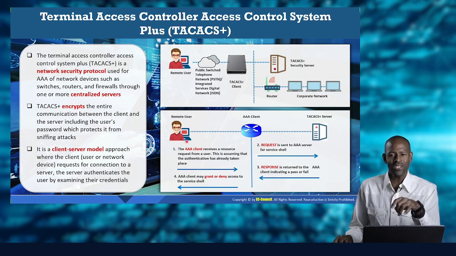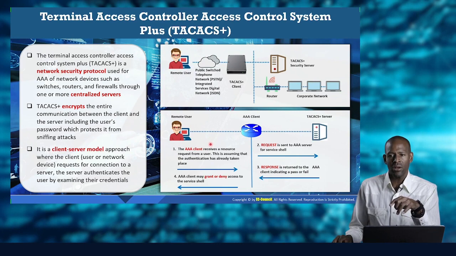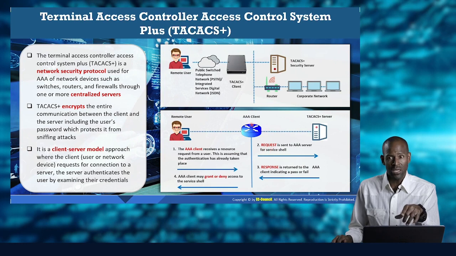If you look at this client, a client receives a resource request from the user, and we're assuming authentication is already taking place. The request is not sent to this device. It's not sent to the router.